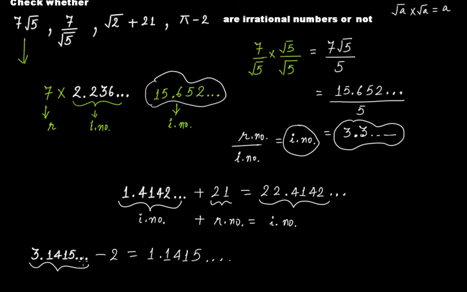So an irrational number minus a rational number is giving you an irrational number. Subtraction of an irrational number with a rational number is an irrational number. Addition of an irrational number with a rational number is an irrational number. Division and same thing, multiplication, again you are getting an irrational number.